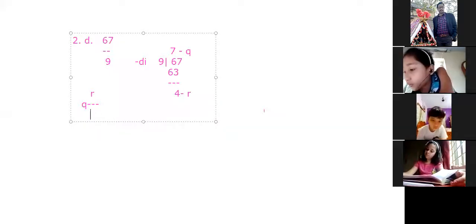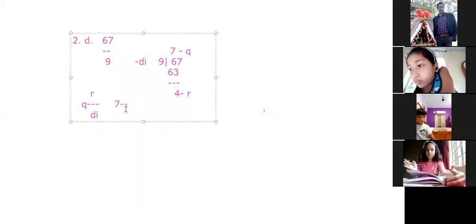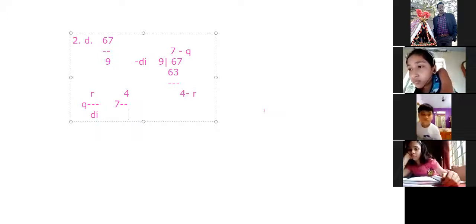I have already told you in the last class, so I'm just revising. So the result will be 7, and then 4 by 9. That is the result. You can check the result carefully.